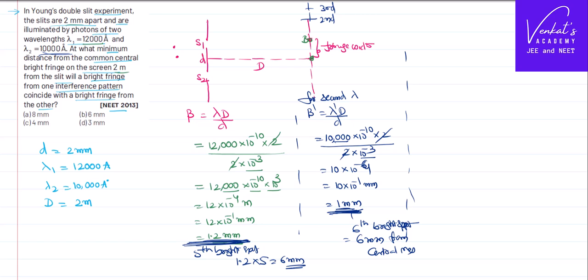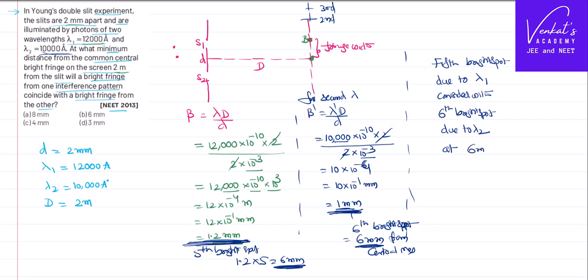So what we can say is, the fifth bright spot due to the first wavelength lambda 1 coincides with the sixth bright spot due to the light of wavelength lambda 2, and in both cases it is 6 millimeter from the central maximum.